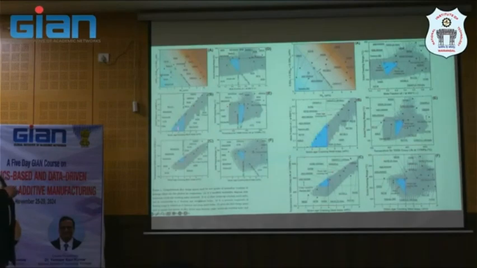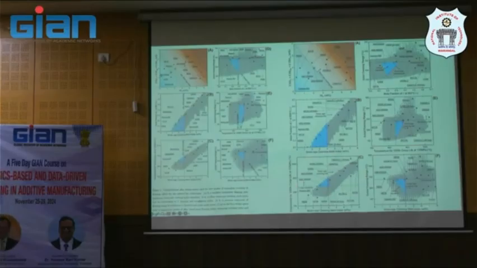Let's say this is the mass fraction of gamma prime at 900, with strain age cracking, because we're talking about cracking at that time, and creep life at 1000 degrees centigrade at 137 megapascal. Again, there are so many indices that we use to screen out and then identify the window for the new composition that we want.